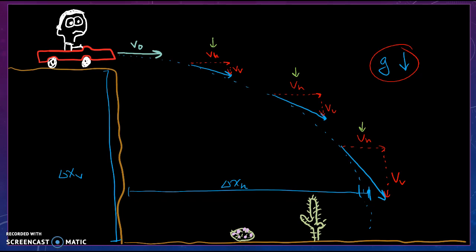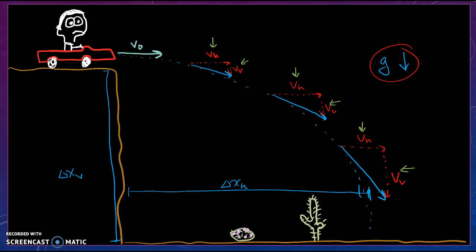Well, the only components of the velocities that will be changing with time are these vertical components. The horizontal component won't change at all. And so when we look at these problems, that's what we're going to see. We're going to treat the horizontal motion as a constant velocity type of motion, and we're going to treat the vertical motion as accelerated motion, much like free fall.